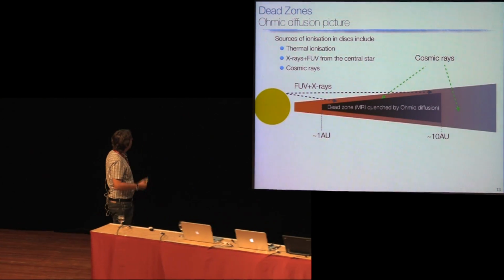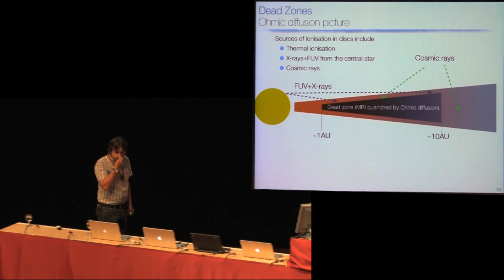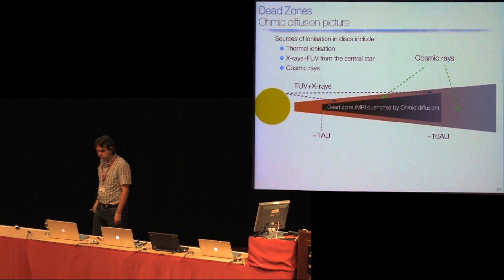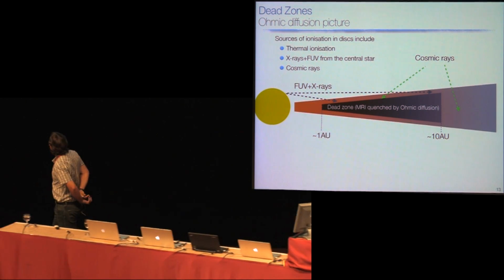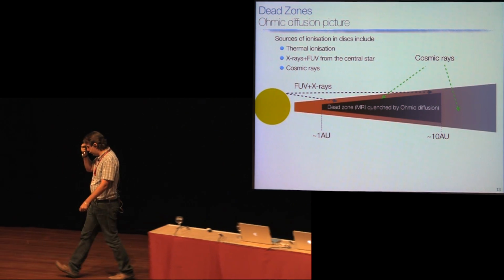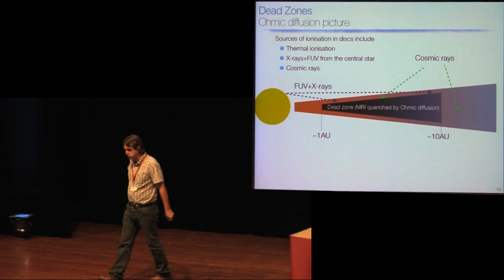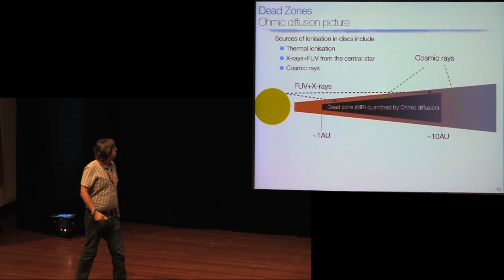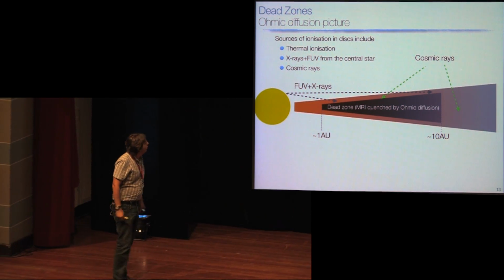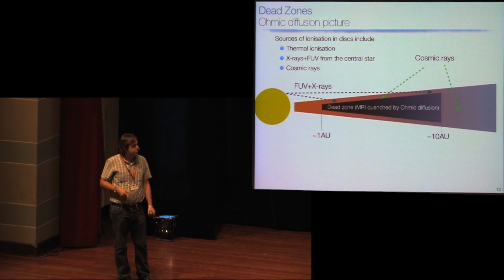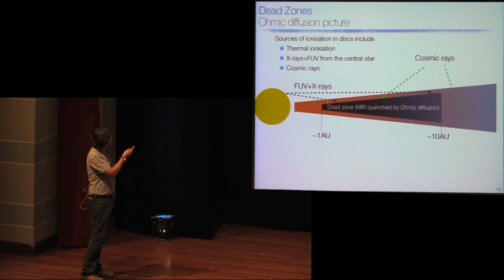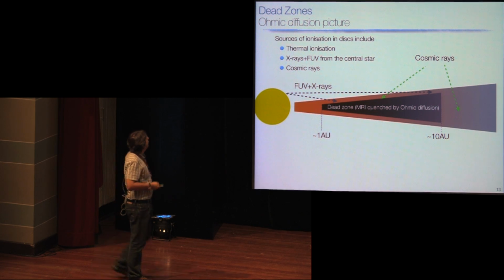The second point is related to the dead zone concept, which we've heard about. To understand that, we have to take into account the sources of ionization in accretion disks. So you essentially have 3 sources of ionization. Thermal ionization, which is dominant in the inner part of the disk, below 1 AU.